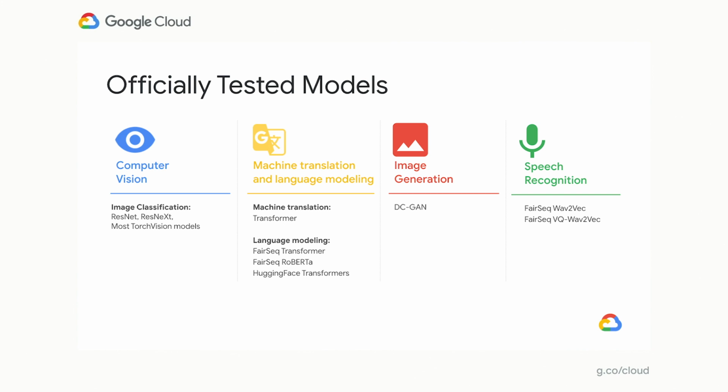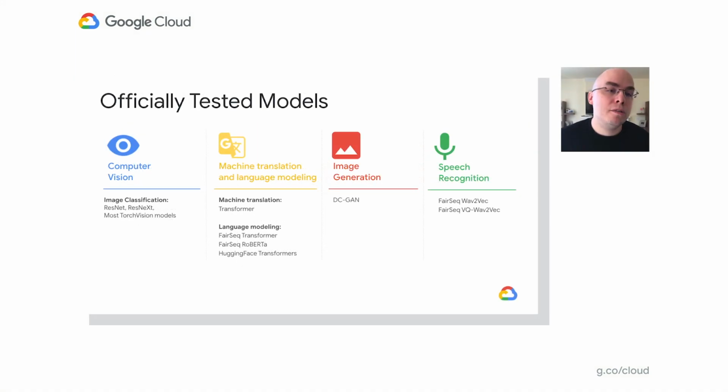We have a working implementation of a deep convolutional GAN that's up on our GitHub. And in the speech recognition world, we have worked with Fairseq's Wav2Vec and vector-quantized Wav2Vec. Let me note here that the models that work on Torch XLA aren't limited to these. These have been tested, but people have run other workloads and other models successfully as well. And you can port your model as well.